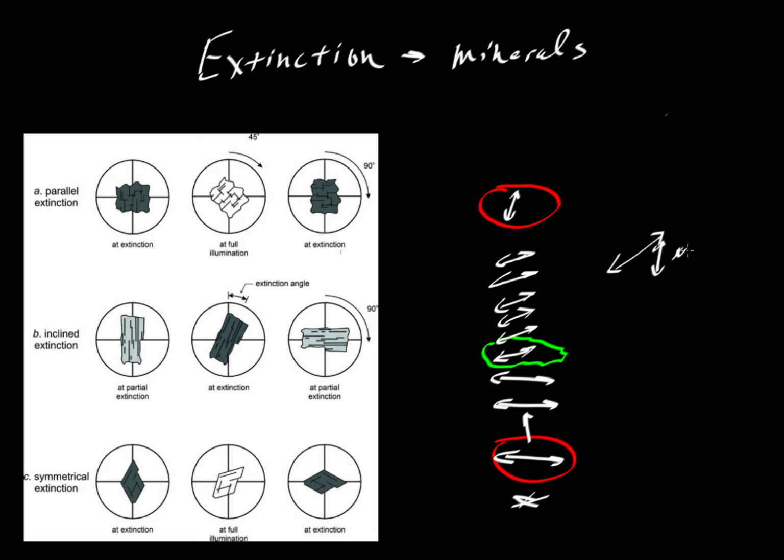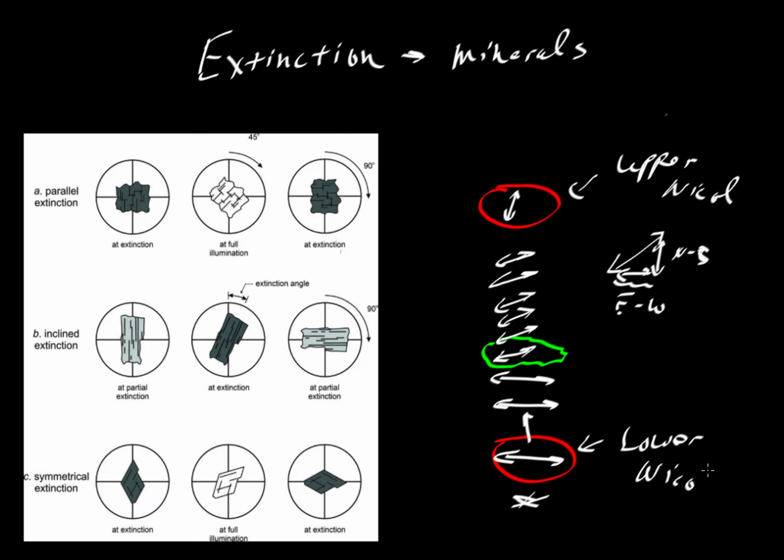We have a north-south component here, and then an east-west component there. Only the north-south will be passed if we insert that so-called upper polarizer or upper nickel. I'm in the habit of calling it a nickel, so we'll call this the upper and lower nickels respectively. That's an N right there.